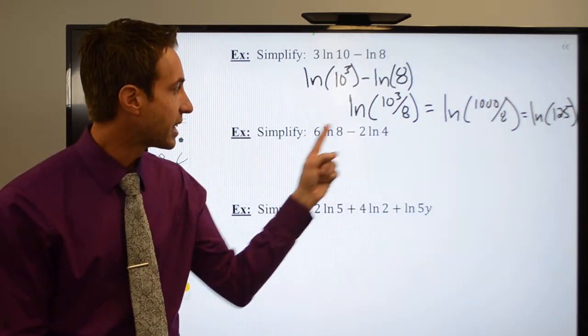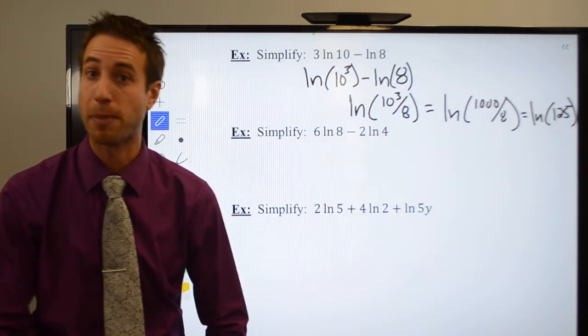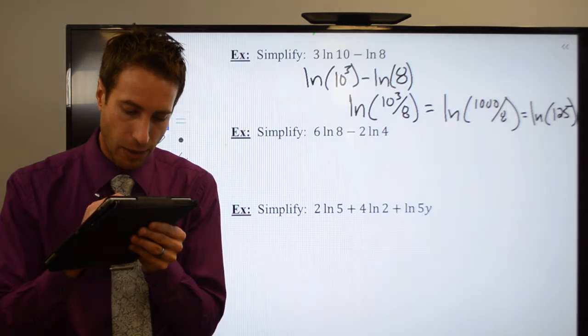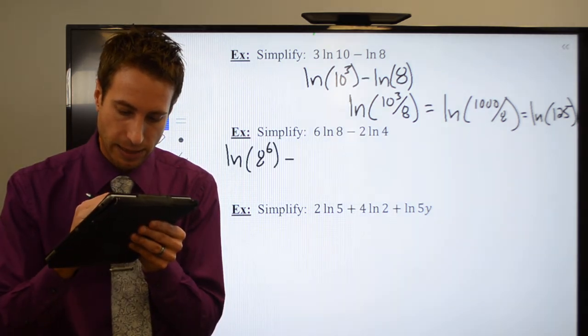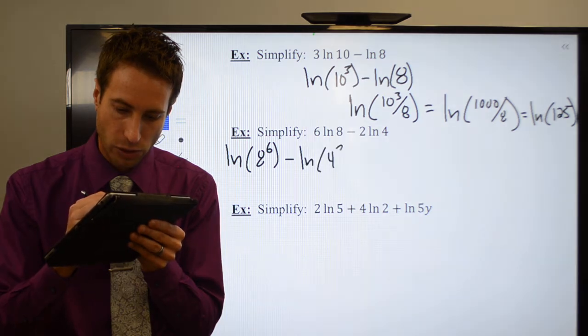Next one, 6 is going to become a power. The 2 is going to become a power thanks to the power property. So I will have the ln of 8 to the 6th minus the ln of 4 squared.